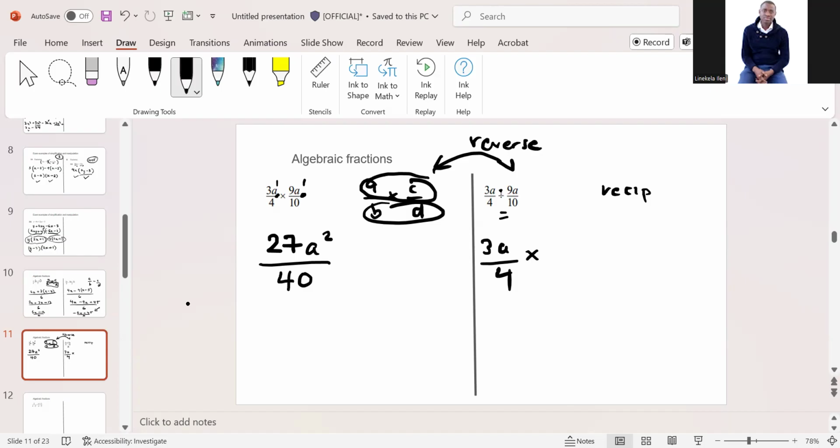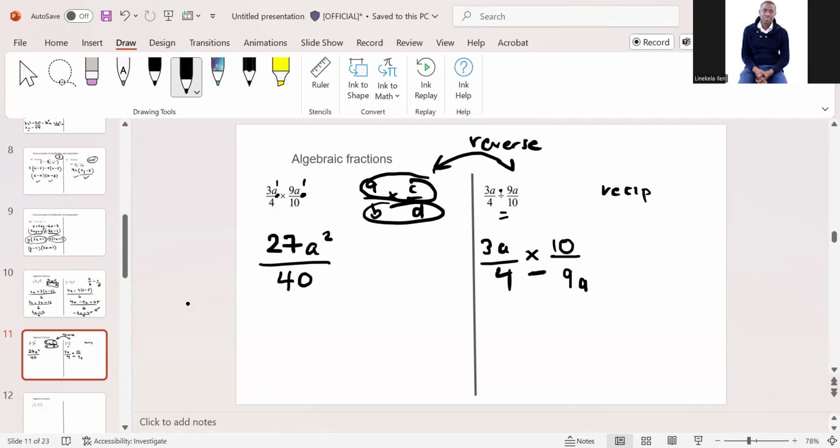So this will basically just swap or exchange. So the 10 goes on top and the 9 at the bottom. Now, as soon as I end up with that, I end up with a multiplication sign. And if I do have a multiplication sign, we know multiplication is joining. So that will just literally be 3 times a. And then at the bottom, that will be 4 times 9.